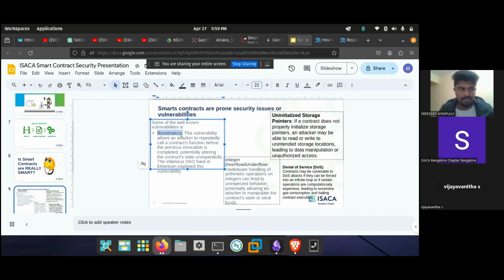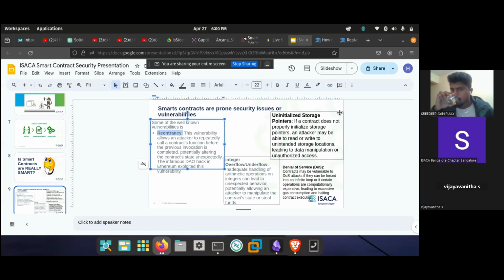Now we have two Ethereum, one is Ethereum and one is one more Ethereum. I can't remember that name. So that's the impact of this vulnerability, because Ethereum itself loses its value when it was exploited. Okay, so coming back to my slide, I hope that answer is acceptable.